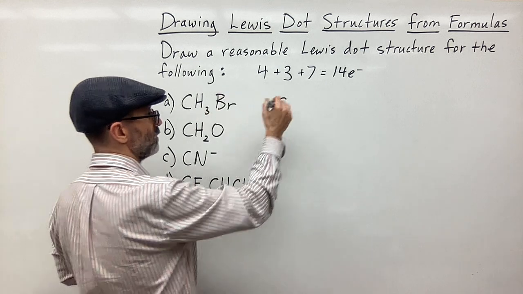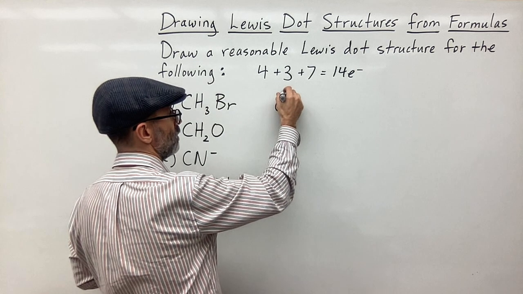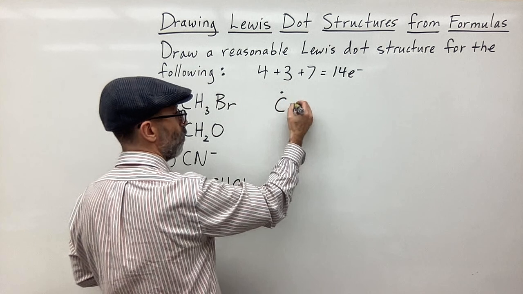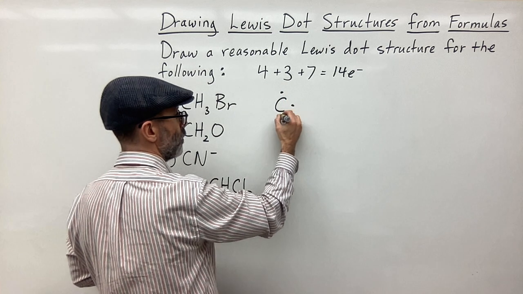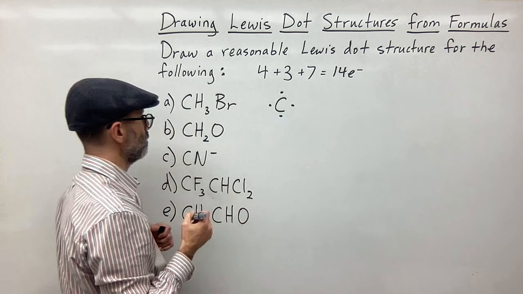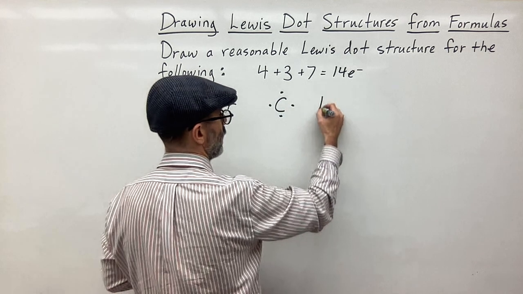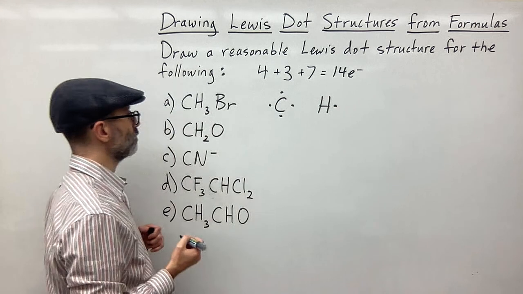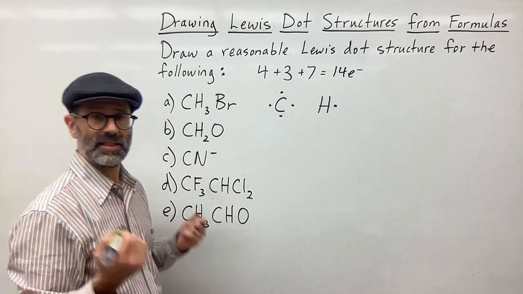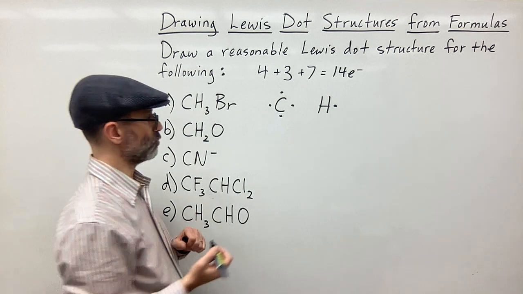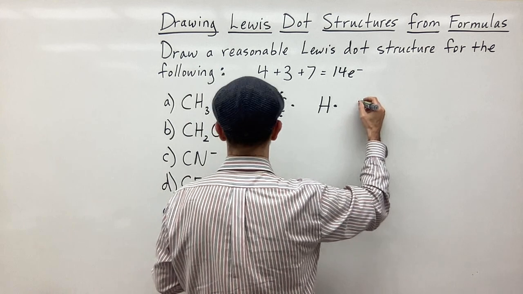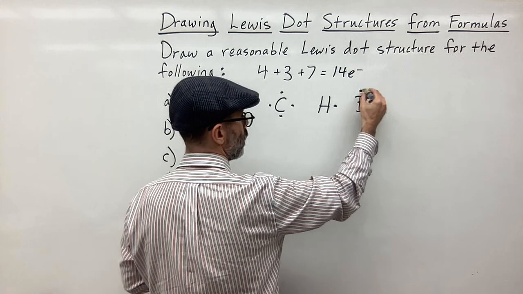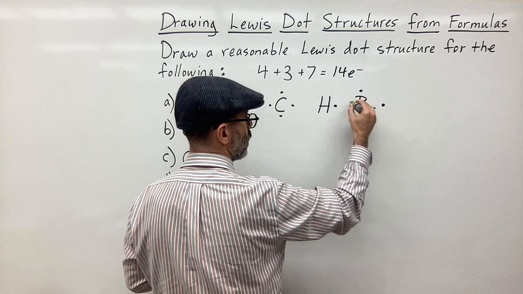Carbon has 4 valence electrons, so I would do the dots like this going around, and then pairing up if I have more. So 1, 2, 3, 4. Hydrogen only has 1 valence electron, so I'll put the dot there. Bromine has 7 valence electrons because it's in group 7, so the Lewis dot symbol would be 1, 2, 3, 4.